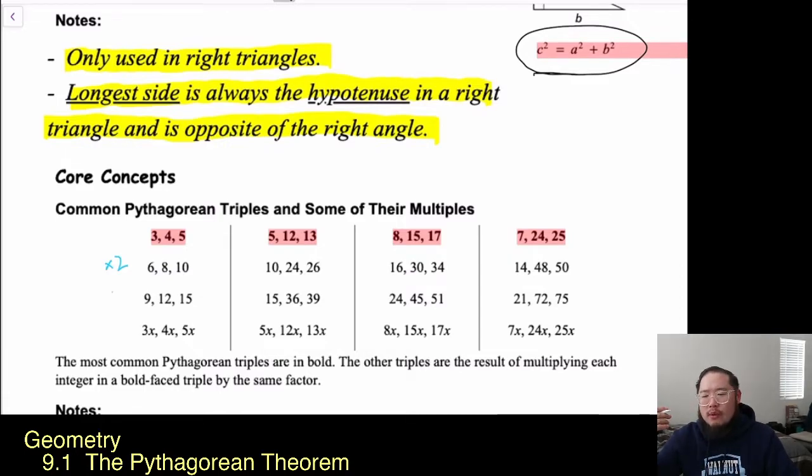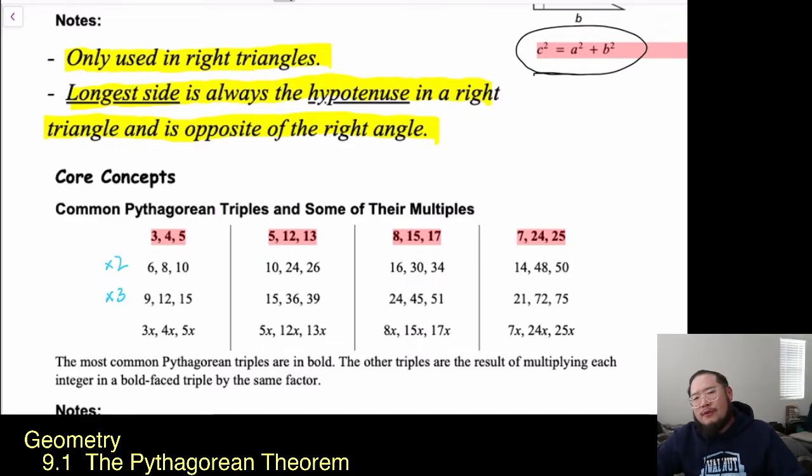So what it's saying is that if I start with the most basic Pythagorean triple, which is 3, 4, 5, and you multiply each number by whatever, 3, 4, 10, that's where they put the 3x, 4x, and 5x. And so, knowing 9, 12, 15, maybe you won't know that one as well.